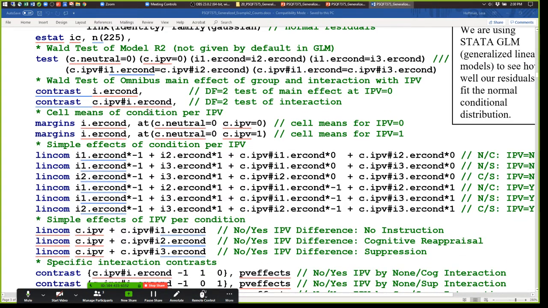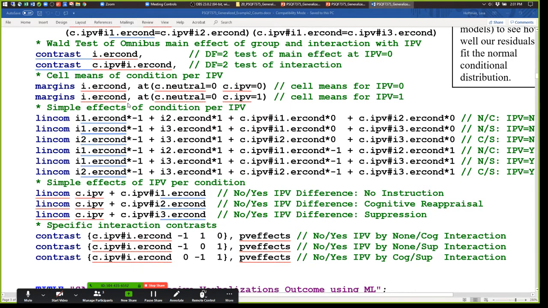Those are what's known as your omnibus tests that you'd see in an ANOVA output. So this is the analog to that same idea. Margins in Stata. So I'm asking for the group mean at each level of this categorical variable.